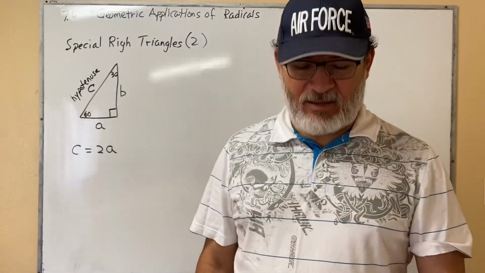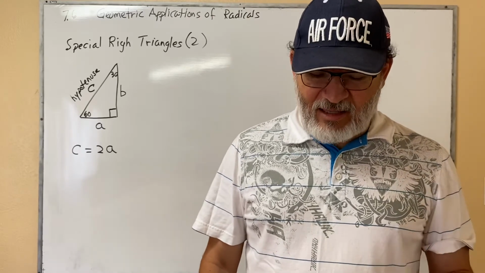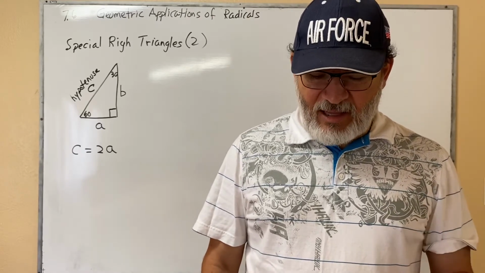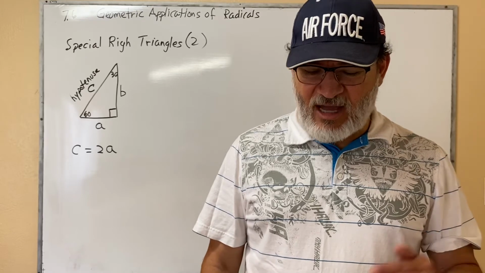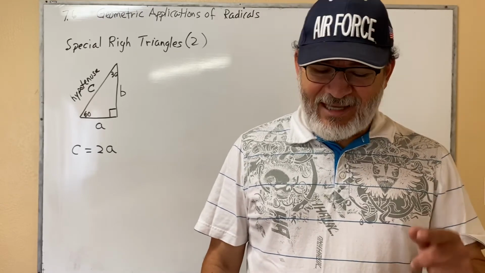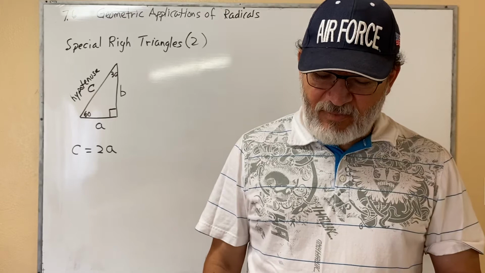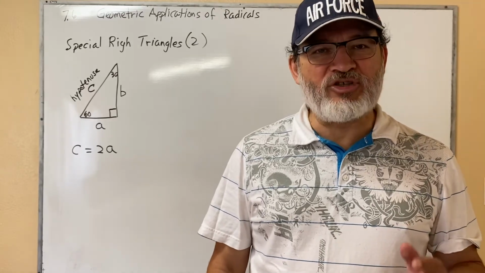And here's another one. The length of the long leg of a 30, 60, 90 triangle is the square root of 3 times the length of the short leg.